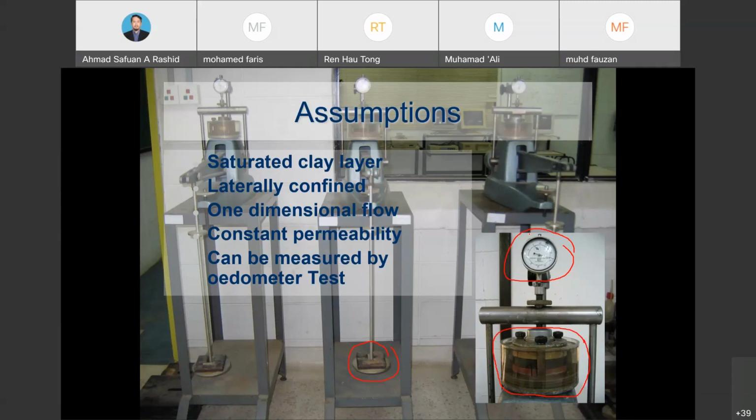Because the loading process is very slow, it will behave as a constant permeability material. This assumption can only be measured by using this odometer test.